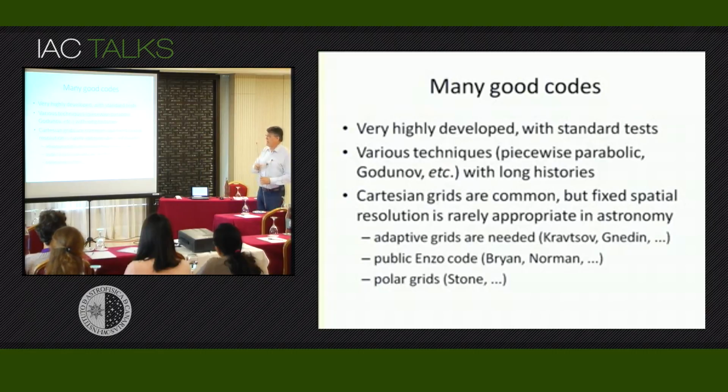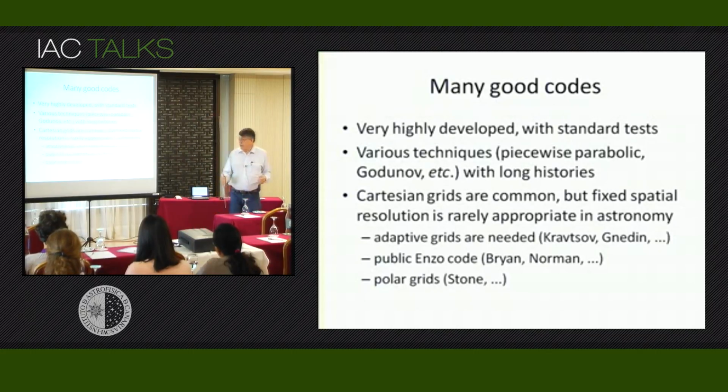But of course, once again, you want to use adaptive grids because in astronomy, things are not homogeneous. So various Russian people in the United States have spent a lot of time developing adaptive grids. There's this publicly available code called ENZO, which you can download from Mike Norman's website or Greg Bryan's website.